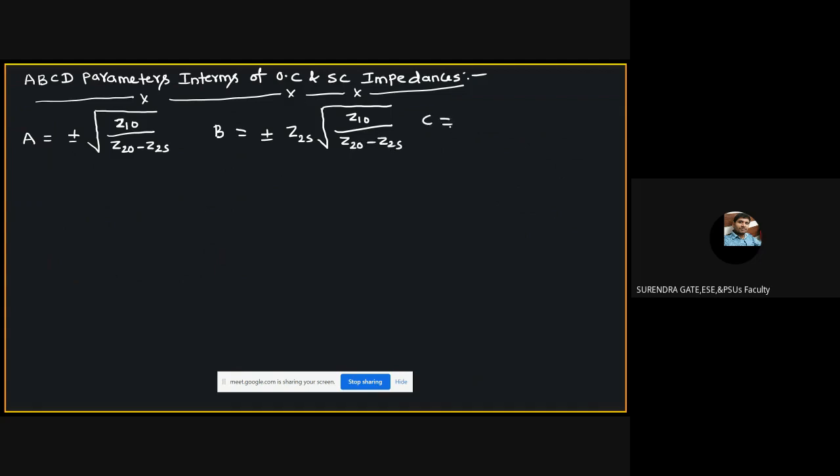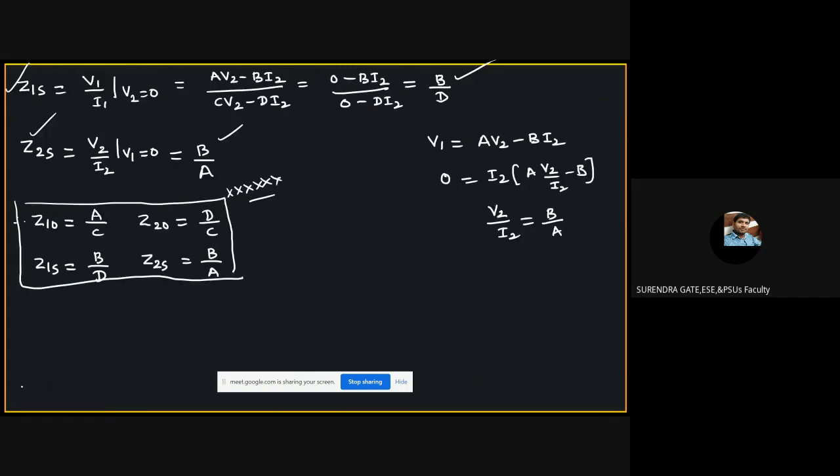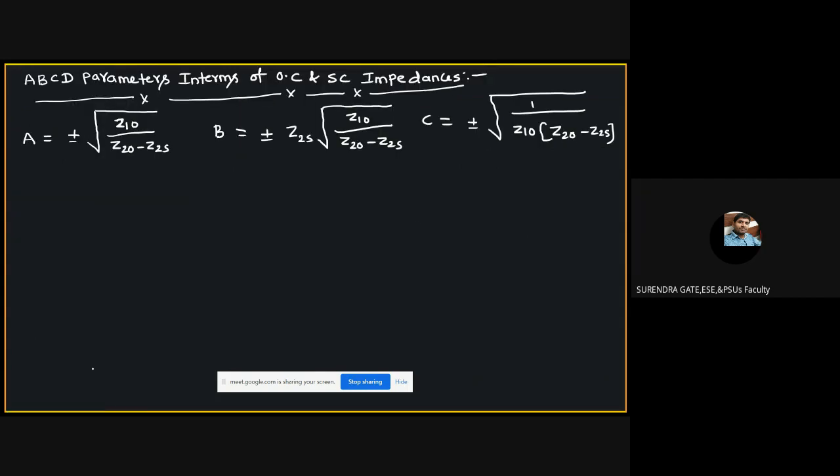C equal to plus or minus, by derivations only we can get this one, students. 1 by Z10 into Z20 minus Z2S, square root. Based on this, no question in any competitive exam, but in future we may expect. That's why I'm giving these formulas. Sir, how can we get these formulas? By solving all these four relations, we can get this one.